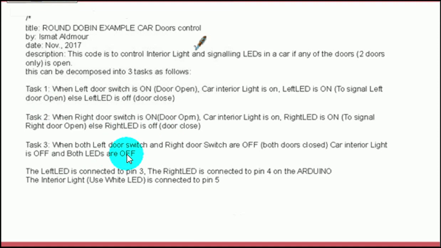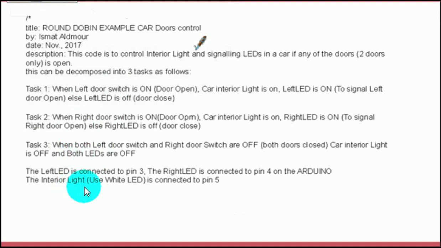But turning off the interior light should be put in a different task, because we cannot turn it off in task 2, because the interior light could be on because of task 1, or because of task 2, or because of both doors being open. So we need a special task to turn it off.